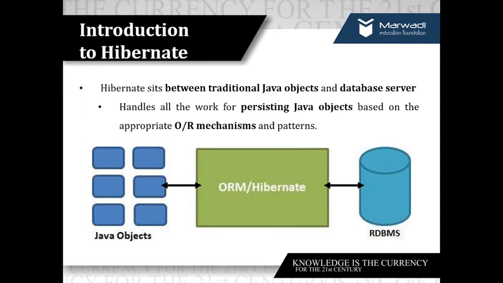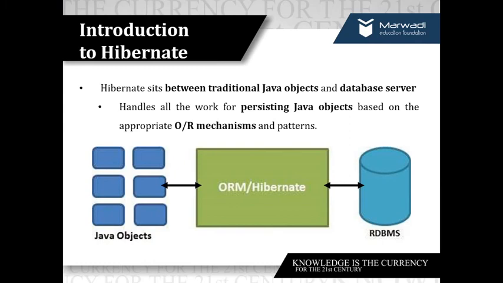So it handles all the work of persisting. Persisting means to save the data, the objects, directly into the database, and to also provide an API to access those objects. You can access those objects anytime. You can directly delete those objects by a single command.